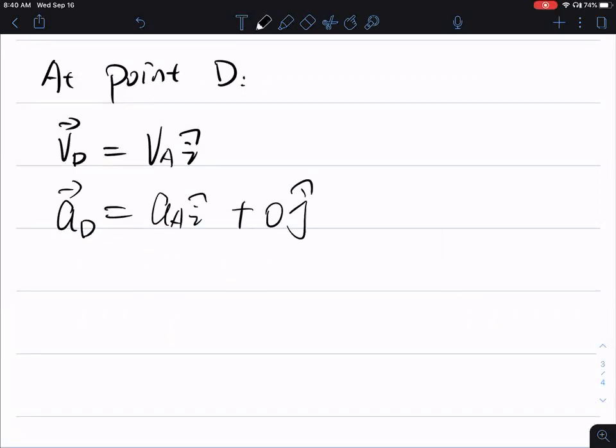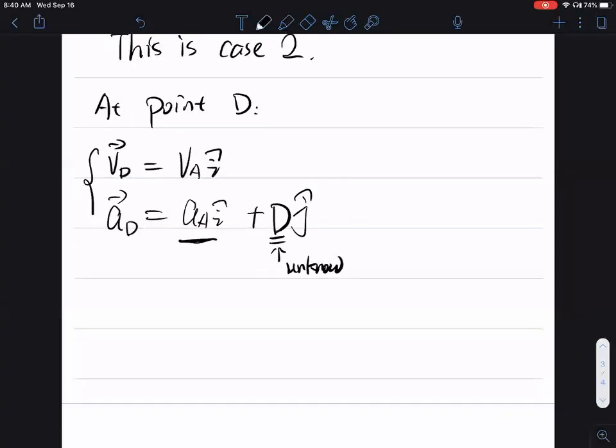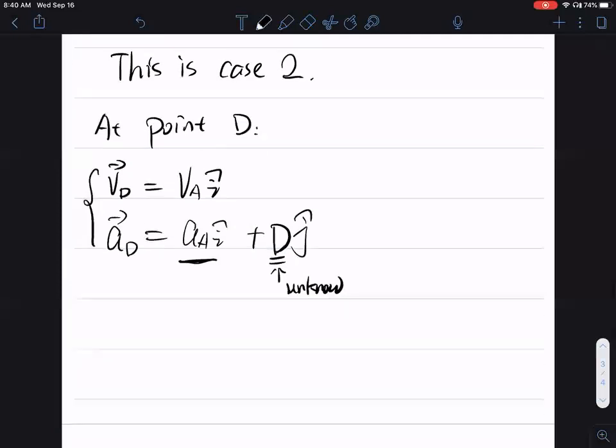So for the acceleration at that contact point, we only know half of the information: we only know what is happening in the i direction, but we do not know what is going on in the j direction. Do not assume that's 0. So here we can use a symbol to represent the unknown. Let's call that capital D. That's something we're trying to find. This is unknown. Okay, that's the information we know for point D based on case 2.